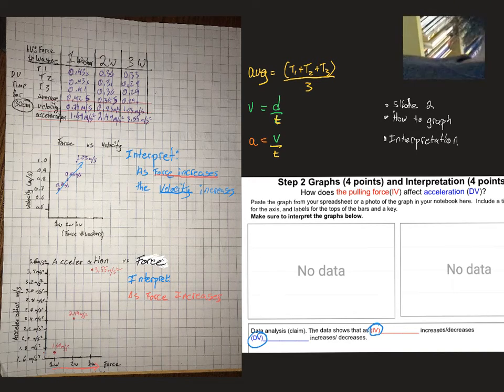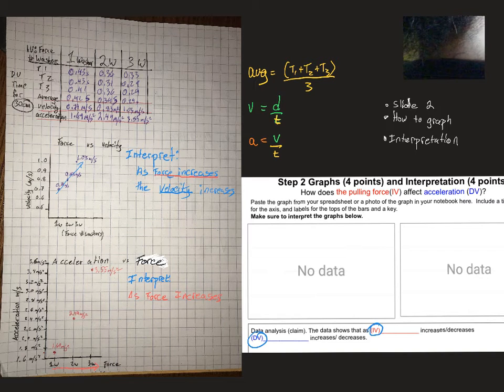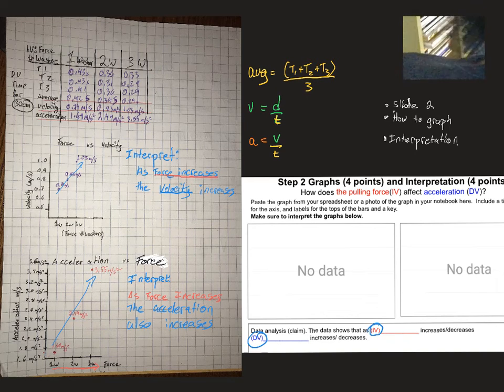More washers, more force. The acceleration also increases. And I can see this is getting bigger and bigger and bigger. And this right here, this interpretation really answers the question.